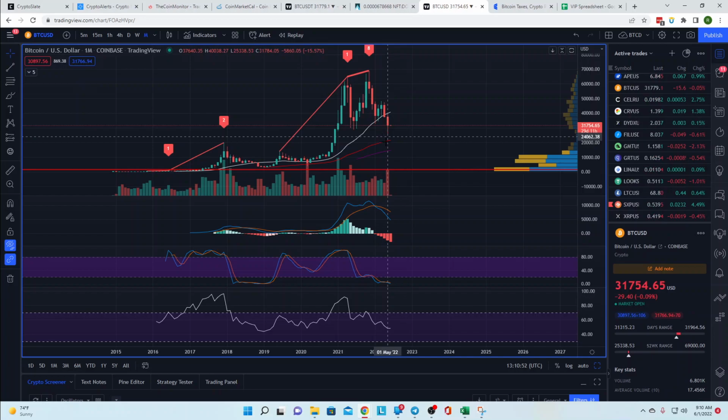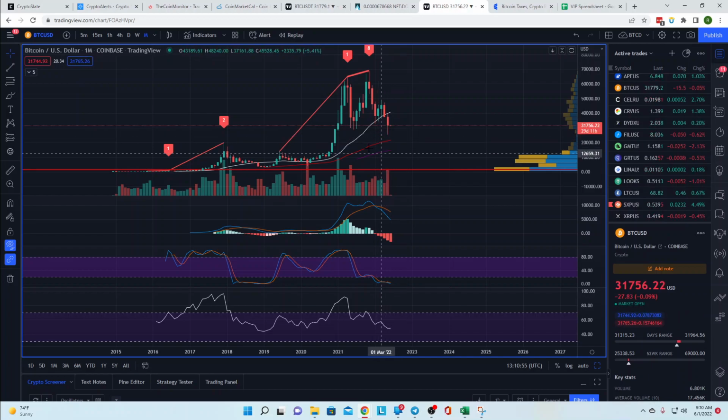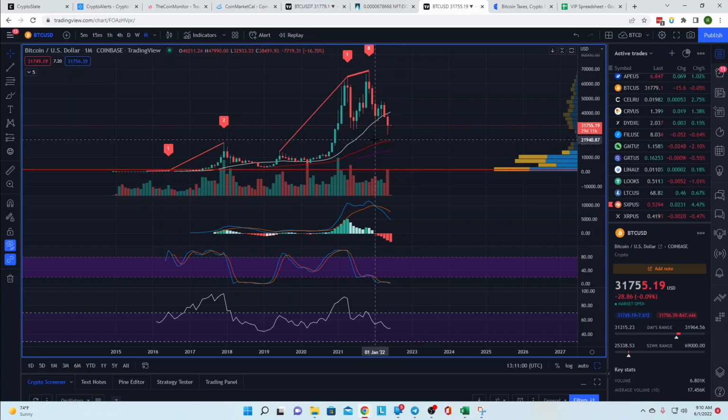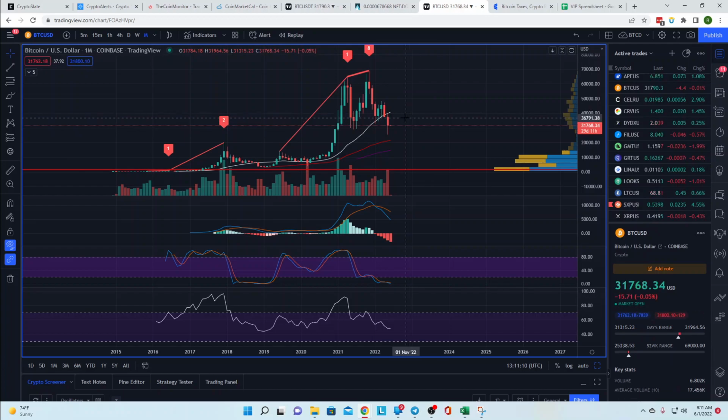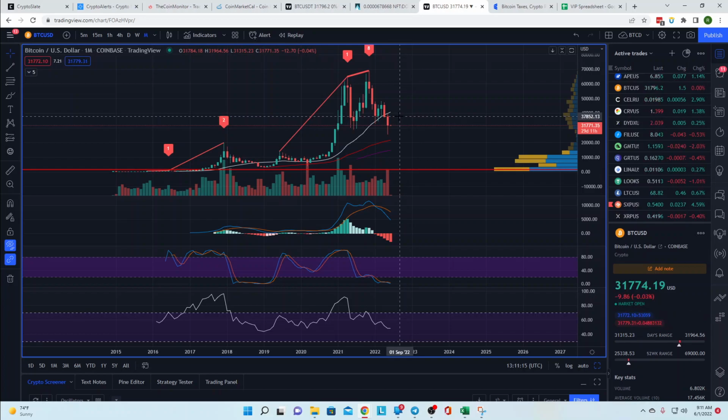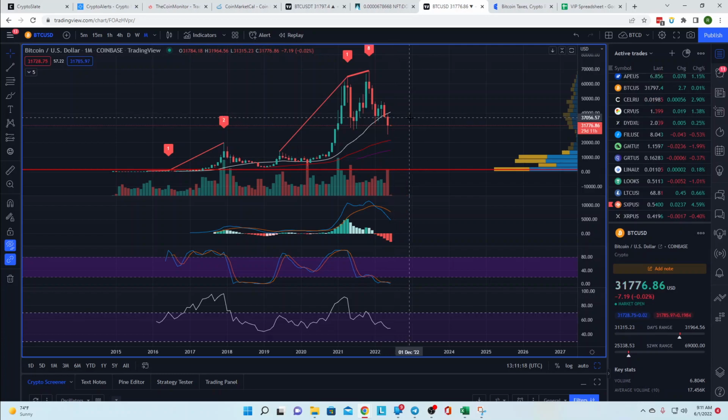So this is a level we're going to be looking at consistently as a downside target for now. And the upside target would probably be up to about 40,500 from a monthly standpoint. Although, as I've mentioned a few times, I highly doubt that in the near term we're going to see anything above 37 and change.